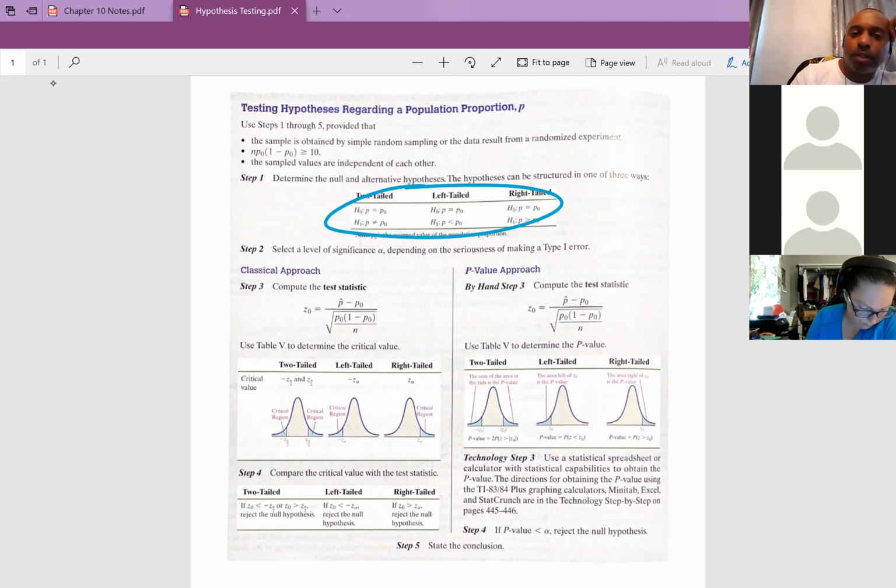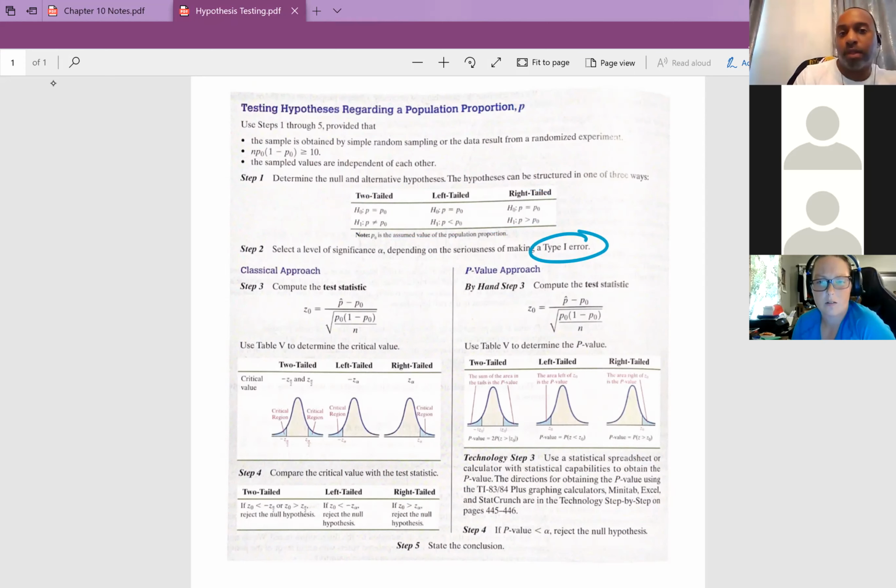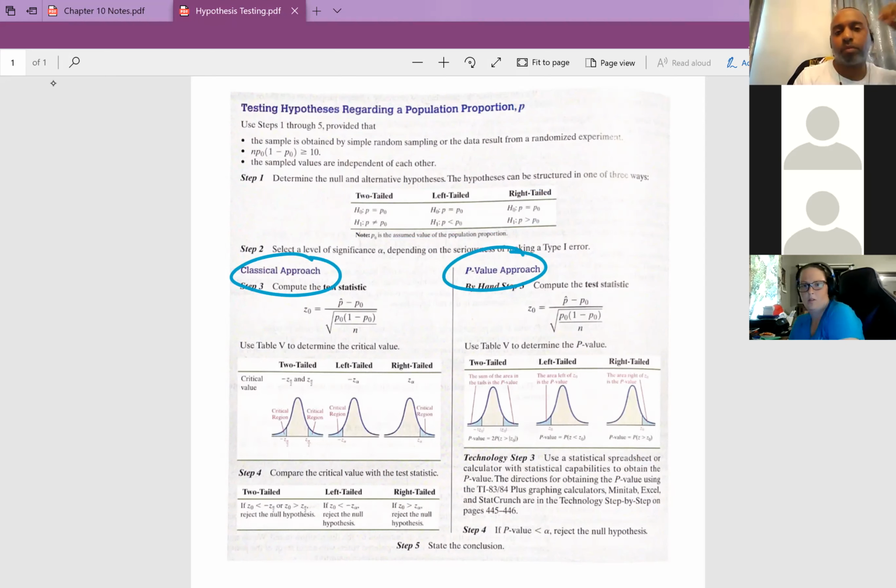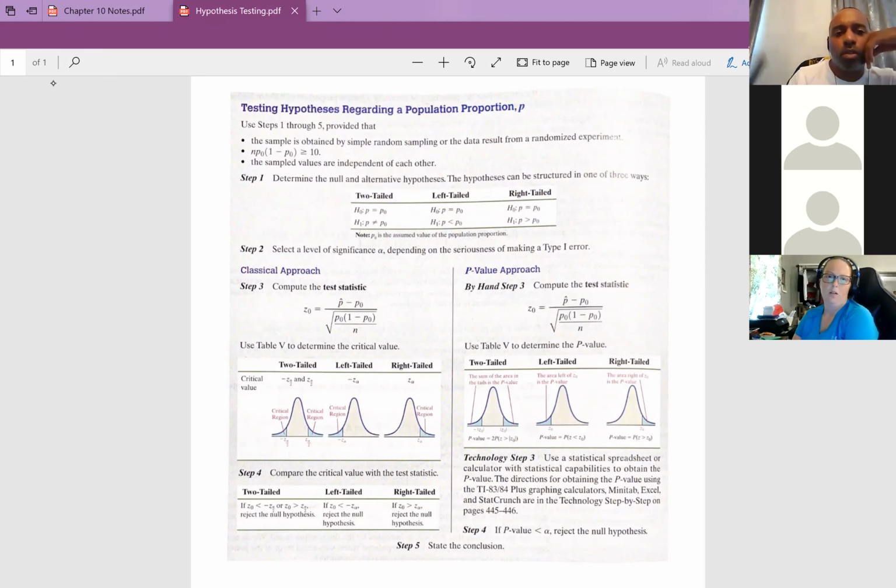So that's that first step. Step 2 will be given to us. In all the problems that we have, they will give us what our level of significance is. And then we have the classical approach and then the p-value approach.